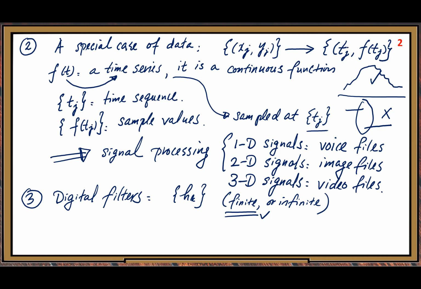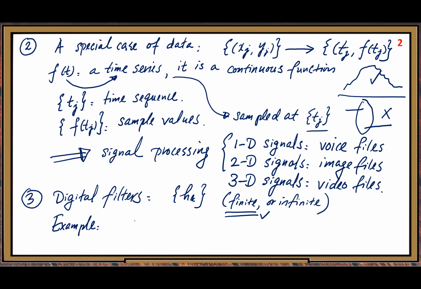Only in some very special situations we may use infinite filters. But here let's assume we only consider finite filters. And let me give you a simple example of a filter, one digital filter.